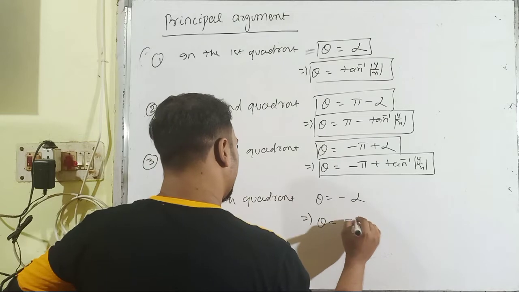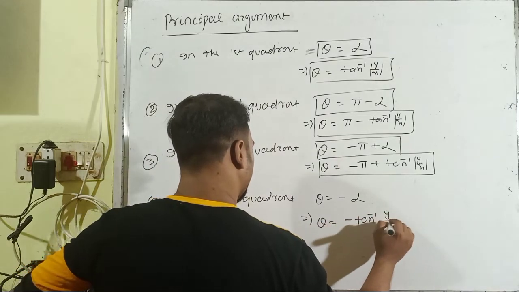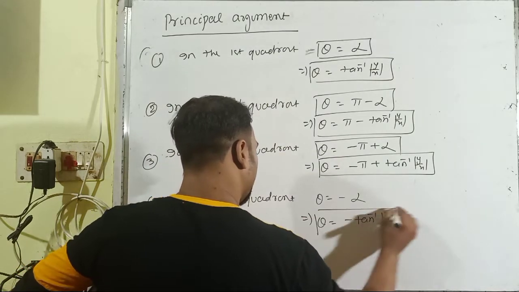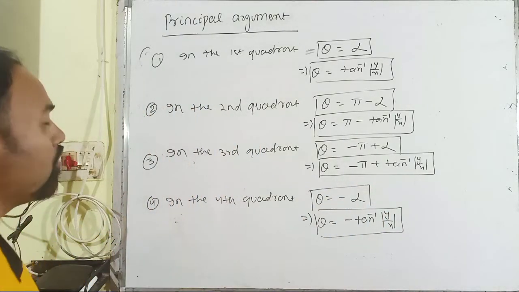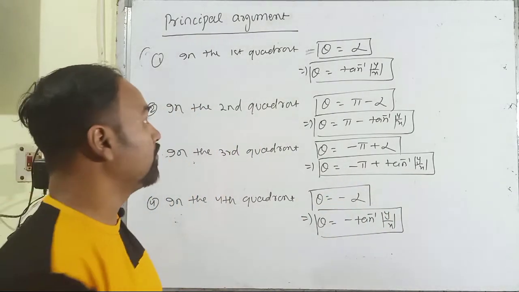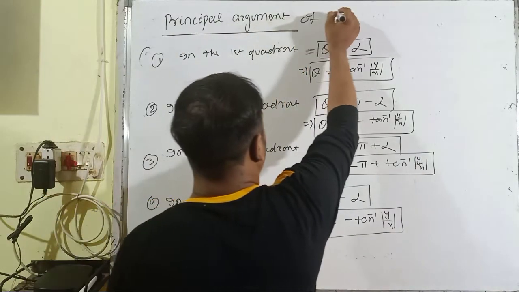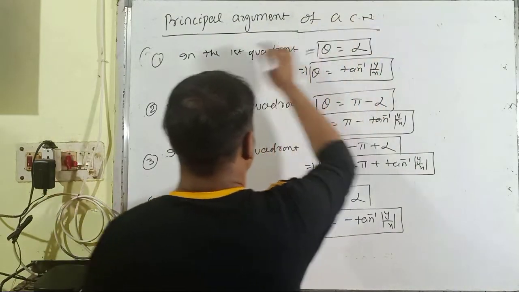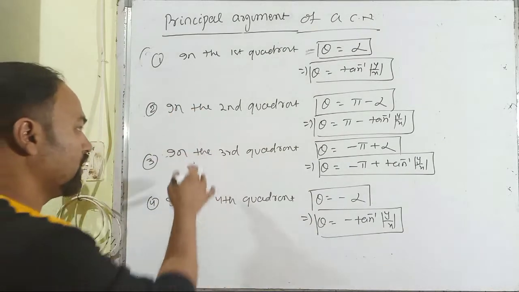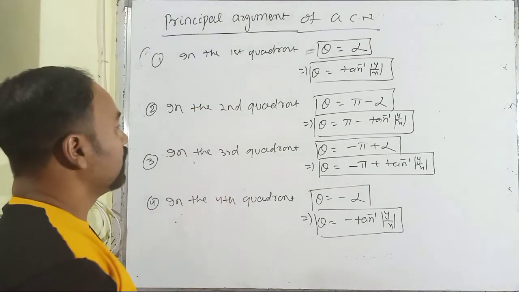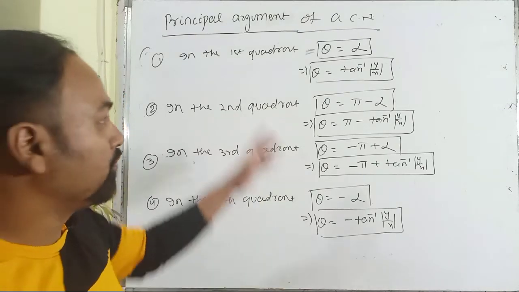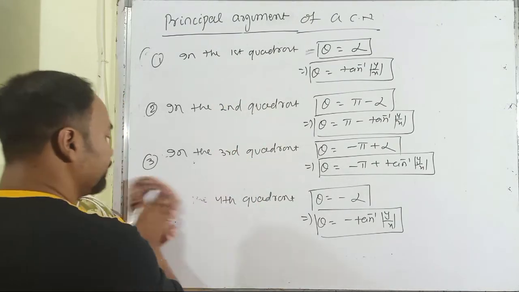That means theta is equal to minus tan inverse modulus of y upon x. So these are the values of the principal argument of a complex number in the first, second, third and fourth quadrants. Then let us solve some problems based upon these formulas.